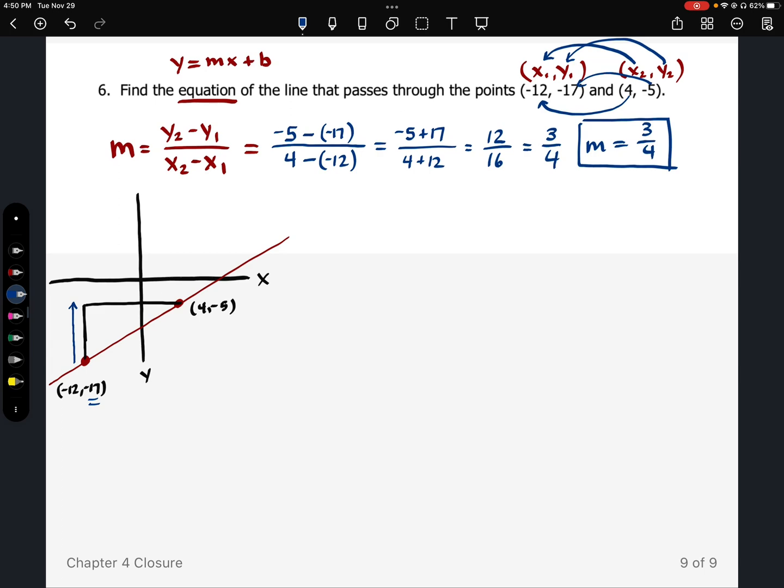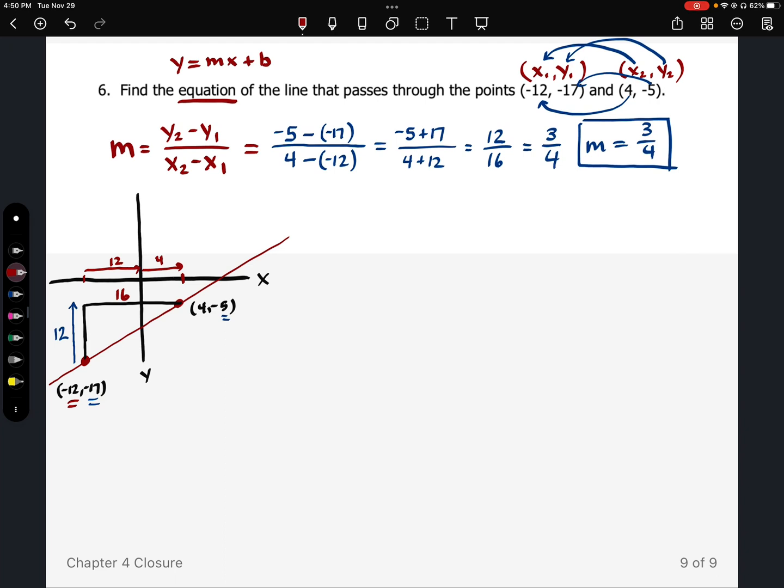We've gone up 12 units. If I'm going from -12 on my x-axis all the way over to +4, this distance is 12, and then I'm going to go 4 more. How far have I actually gone? Well, that's 16. So you can draw it to figure it out if you need to.